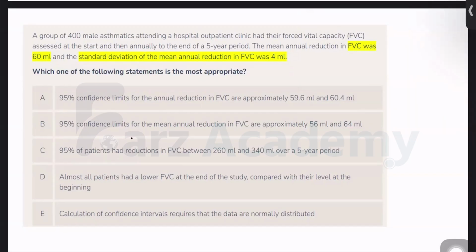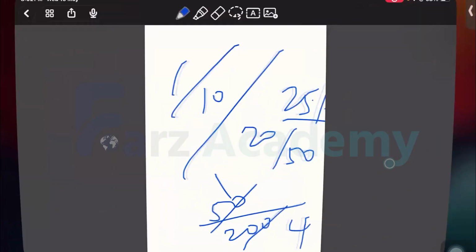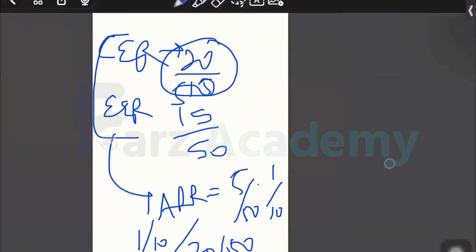Fourth option. So do you use standard deviation here or standard error of mean? What is the word here that I told you in the last class where you have to use standard error of mean? Whose formula also I told you.